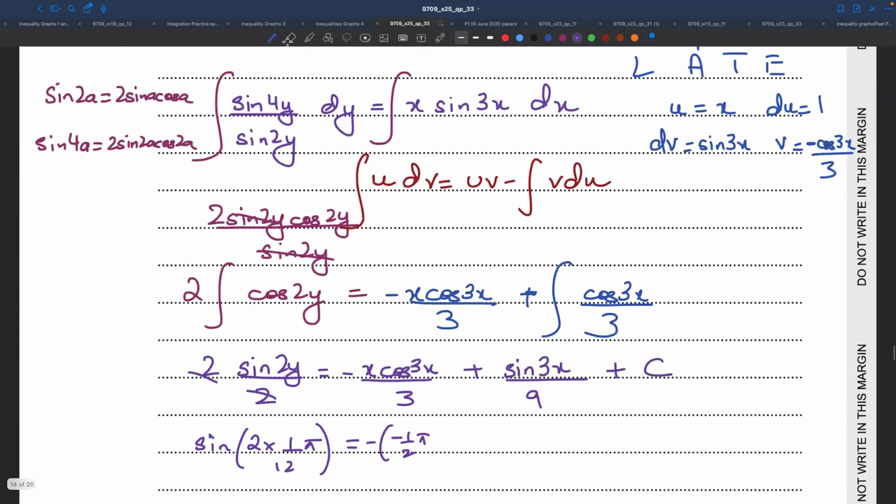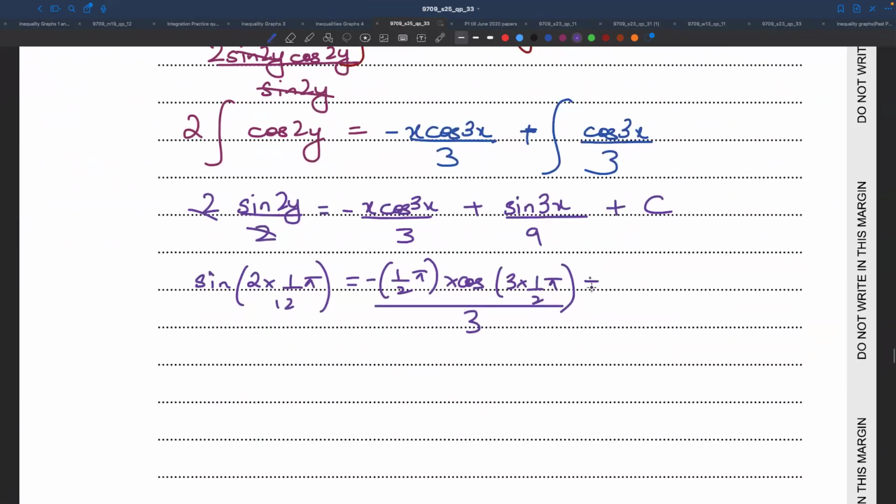No, plus 1 upon 2 pi, my bad. So x is positive 1 upon 2 pi, into cos of 3 into 1 upon 2 pi divided by 3, plus sine of 3 into 1 upon 2 pi divided by 9, equals plus c.